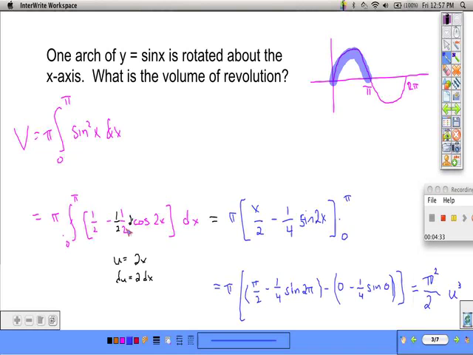But this substitution is something that we need to make in order to integrate sine squared.